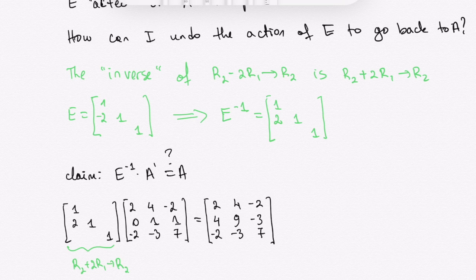Now, for elementary row operations, we can find the inverse by simply looking at inverting the action. So subtraction becomes addition, addition becomes subtraction. If we multiply by a number, C for example, then we can reverse the action by multiplying by C inverse.